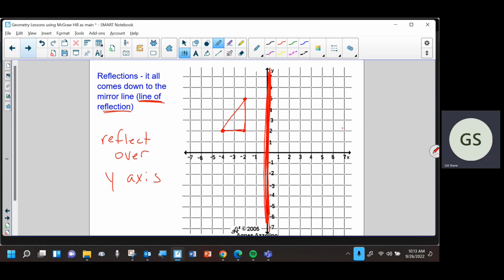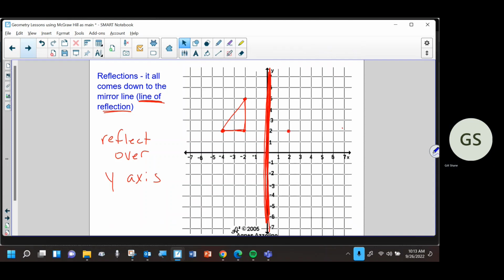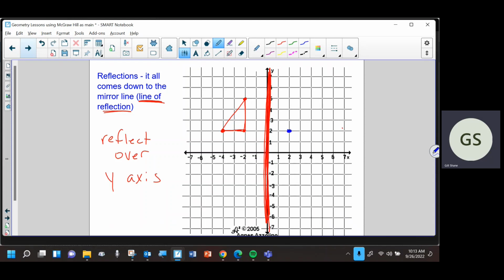If I have a mirror and I'm putting my hands up, if my hand is closer to the mirror here and farther away here, then my reflection is going to look like this hand is closer and this hand is farther away. It's the same thing with this. If a point is closer to the line, then when you draw the new point, it's going to look closer to the line. And I'm going to give you a more specific version of this.